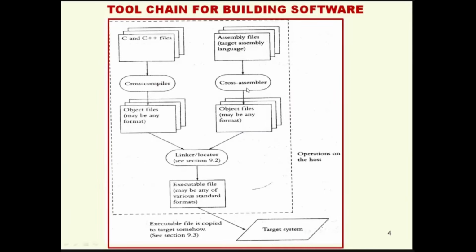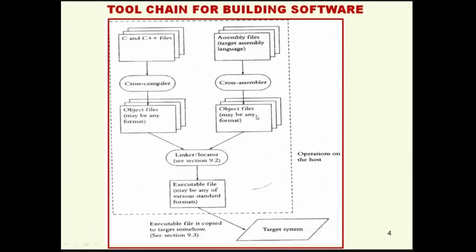If you look at the screen, why is it called a tool chain? Because the output of one tool is the input of another tool. Here on this screen, look at the cursor. When we write C and C++ files, there is a cross compiler which converts these C files into an object file. Similarly, when we write an assembly language program, it is converted to an object file with the help of the cross assembler.